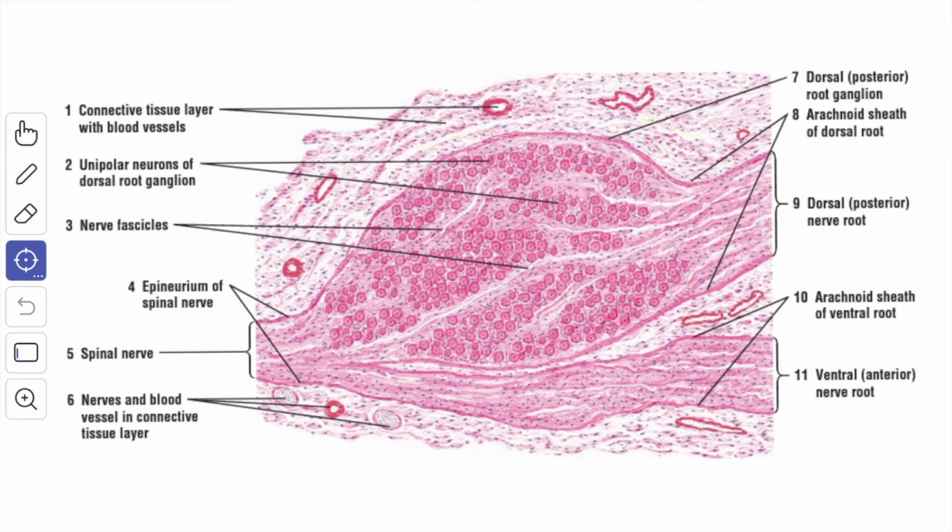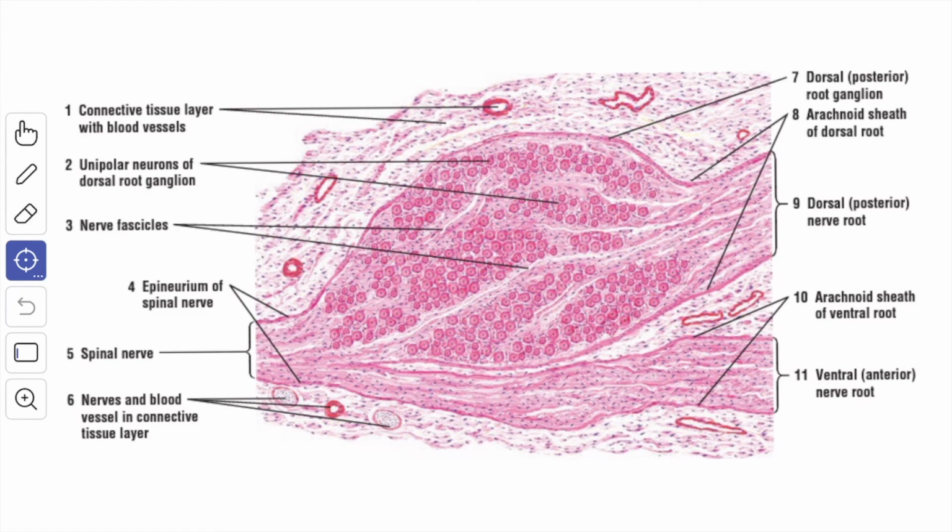The neurons in these ganglia are of unipolar type, except in the ganglia associated with the eighth cranial nerve, the vestibulocochlear nerve, where the neurons are bipolar. The peripheral process of each neuron forms an afferent or sensory fiber of a peripheral nerve. The central processes enter the spinal cord or brainstem.